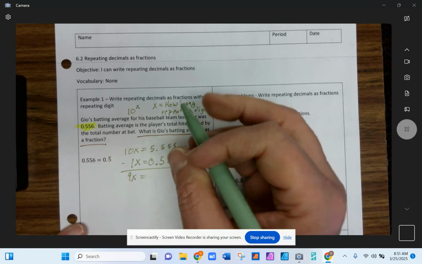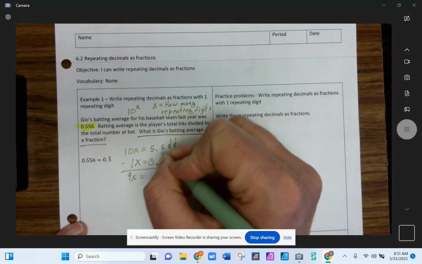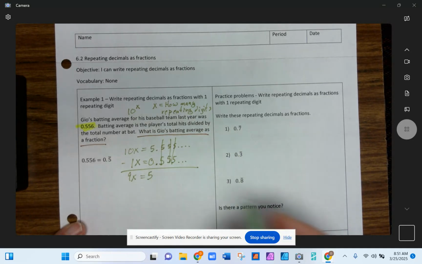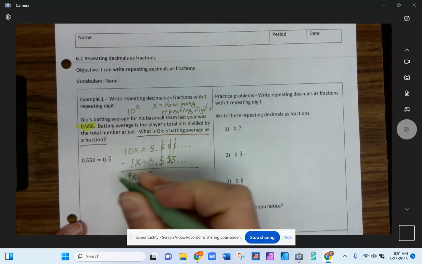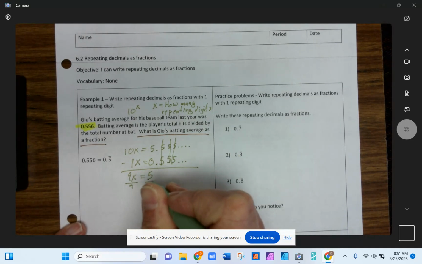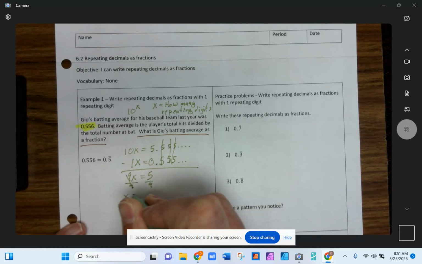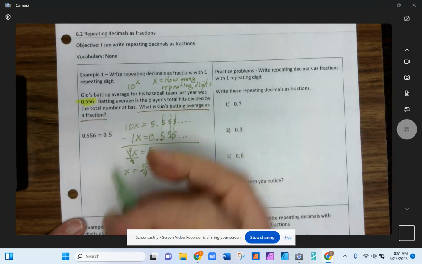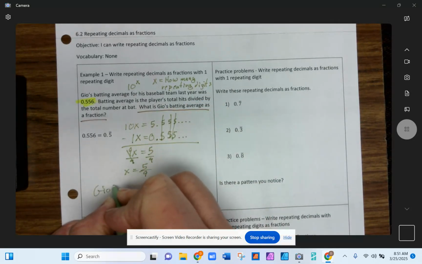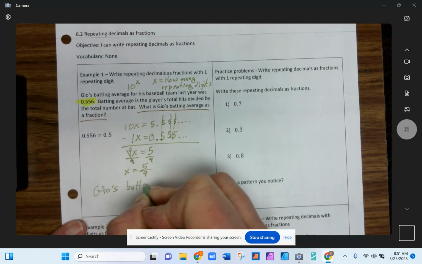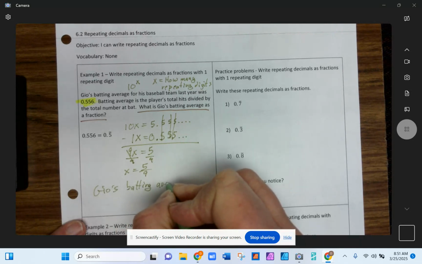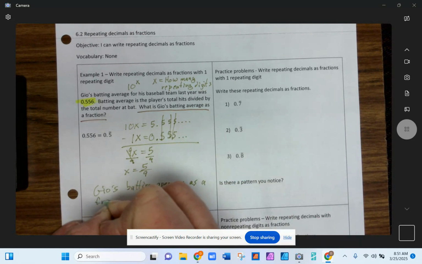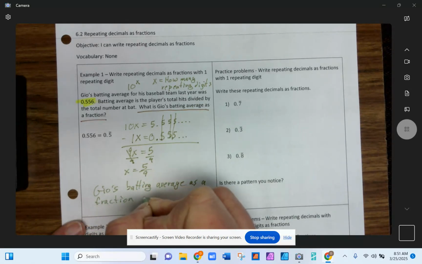And when we subtract, these just cross each other out, and you get 5 minus 0, which is 5. So we've got a very simple equation at this point. We divide by 9 on both sides, and we get x equals 5/9. So the summary here is Gio's batting average as a fraction is 5/9.